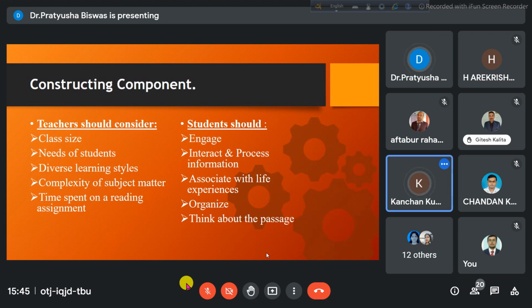I can conclude this in organize and think about the passage. This is the evaluation or synthesis phase, ma'am, how to evaluate the things which we have already done.